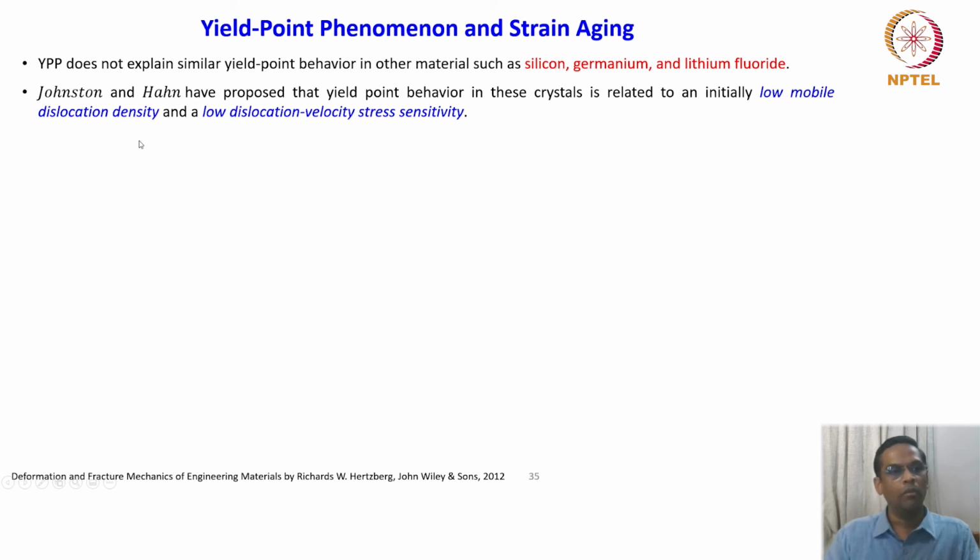That is low mobile dislocation density. It is not just dislocation density, it's mobile dislocation density, right? The low mobile dislocation density and a low dislocation velocity stress sensitivity. Dislocation velocity, we have seen this before. We related this dislocation velocity to dislocation density earlier. Okay, so we will look at them again.